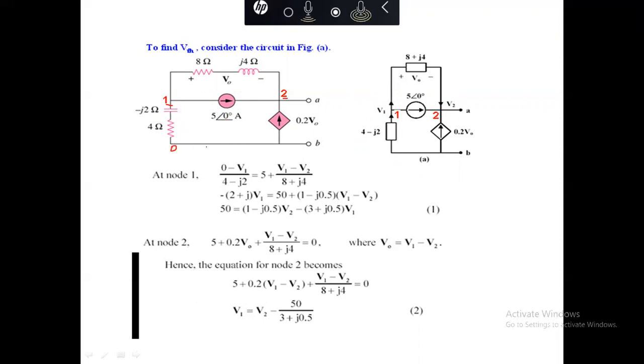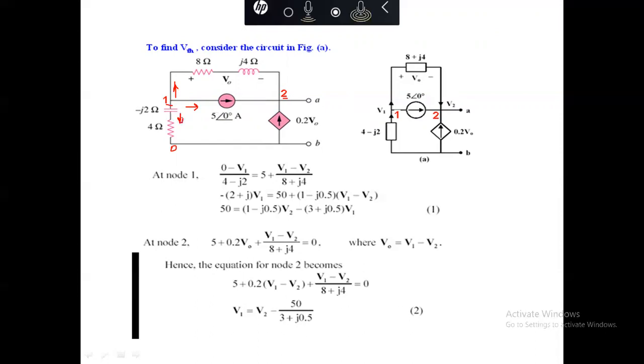So we apply the nodal analysis over node 1, and we see that V1 is at higher potential, and the current is moving in this direction.